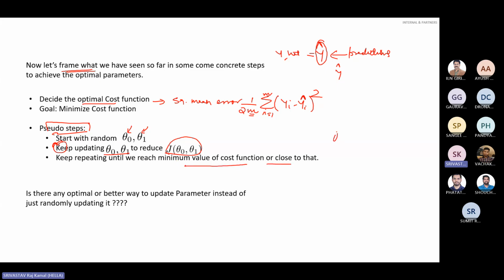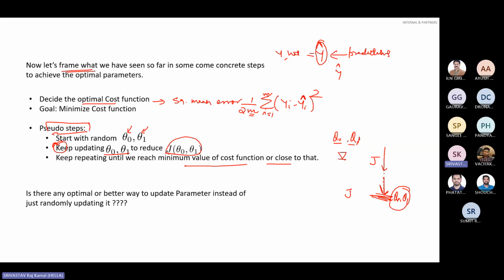So we keep making some changes, let's note them as delta changes. We keep changing theta 0, theta 1 by delta changes and calculating the j value, which should decrease until it reaches the approximate minimum value of j. The theta 0, theta 1 corresponding to this would be our answers.